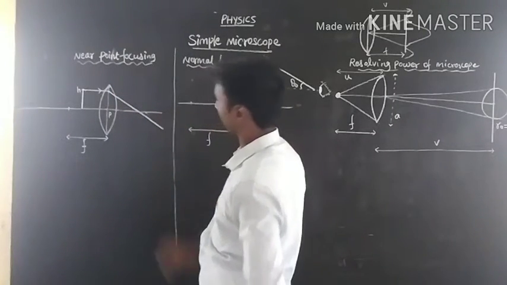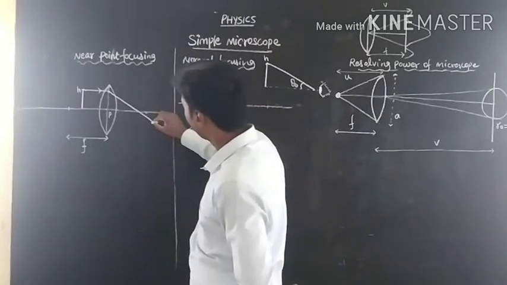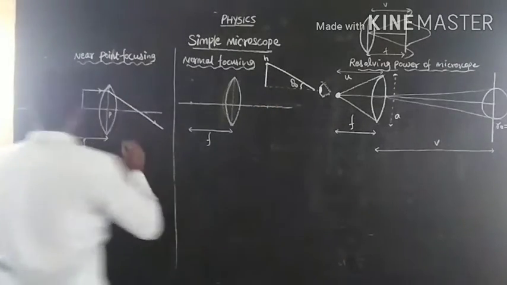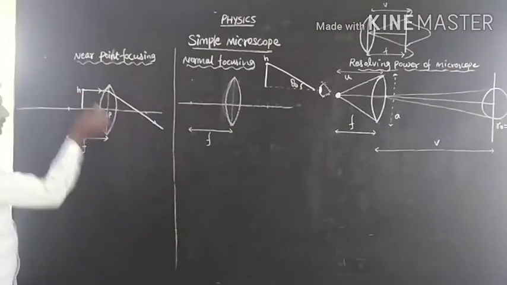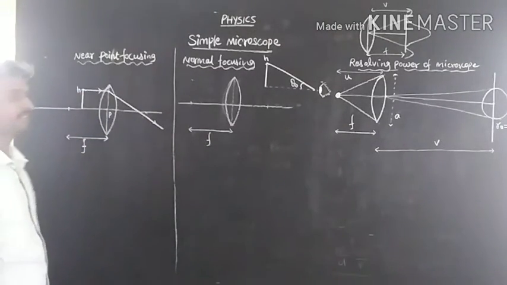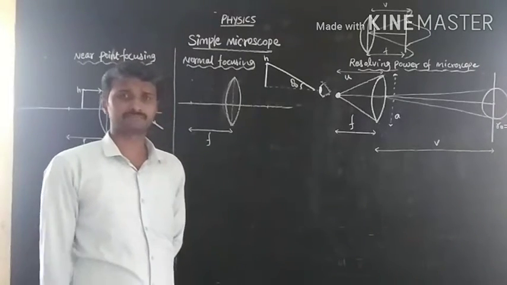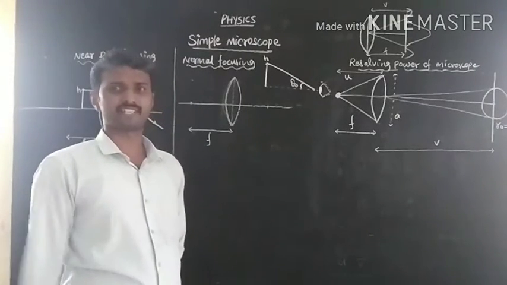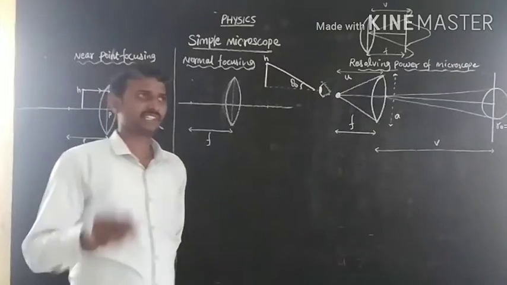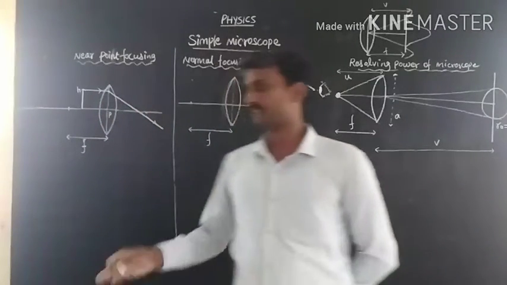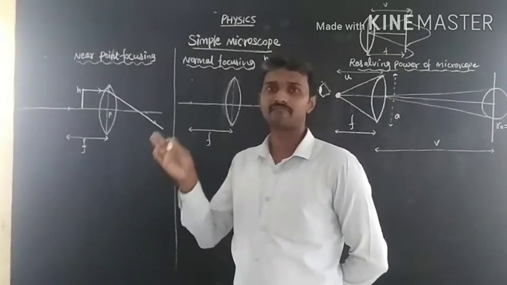And the ray passing through the optic center: in case of the spherical mirror, the ray incident on the pole of the mirror, after getting reflected, reflects at the same angle of incidence.